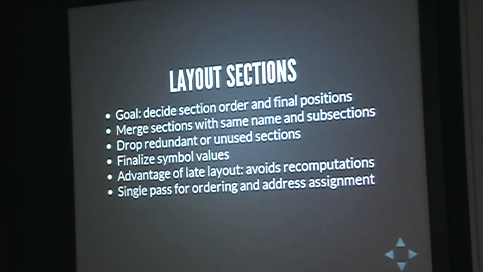But we also merge subsections. For example, in C++, we often have inline definitions where the section name contains the name of the class and the method provided, and you want to merge those into the larger text segment.